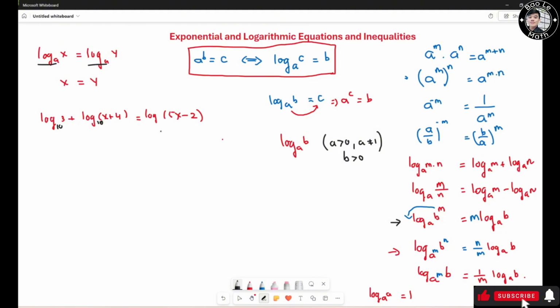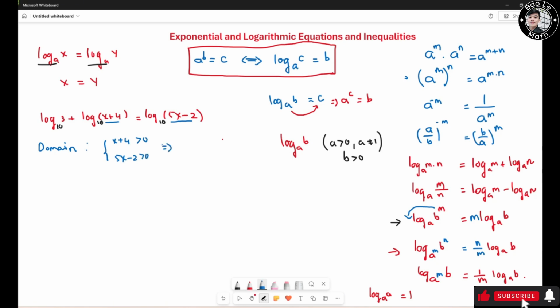So this guy 10 greater than 0. That's pretty good already, right? So you don't need to write 10, right? Now, we need this guy greater than 0. This guy greater than 0. 3 already greater than 0, right? So domain: s plus 4 greater than 0, 5s minus 2 greater than 0.